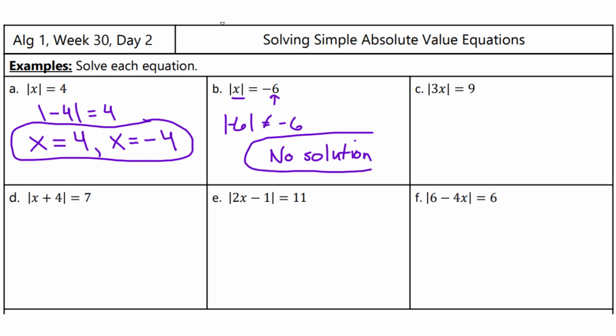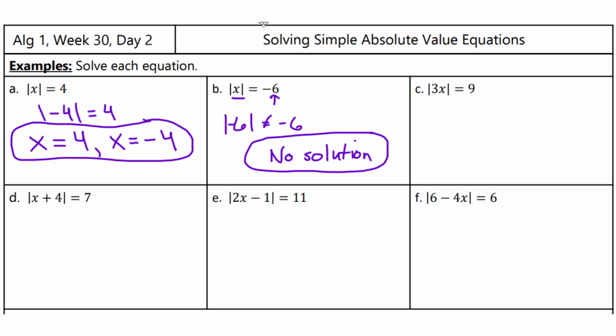And it's all because of that pesky negative. Now, that doesn't mean that anytime you see a negative on the right side, it's automatically no solution, although that will happen from time to time. It's when you get to absolute value equals blank that you need that number to be positive.